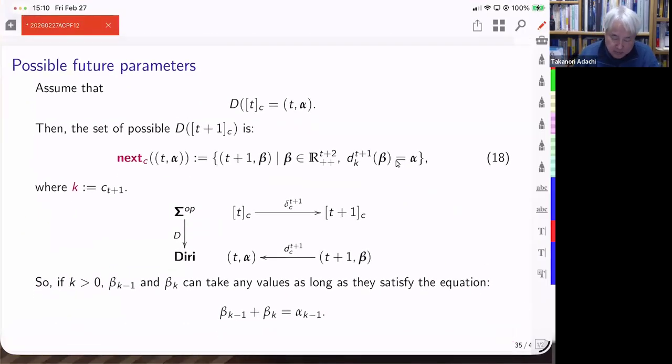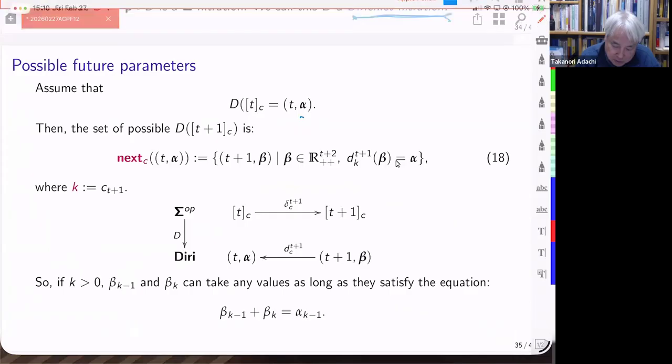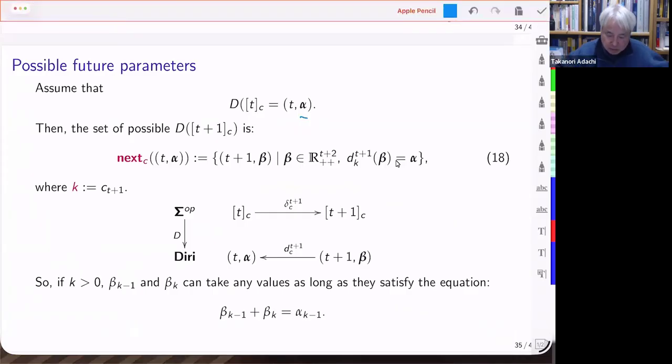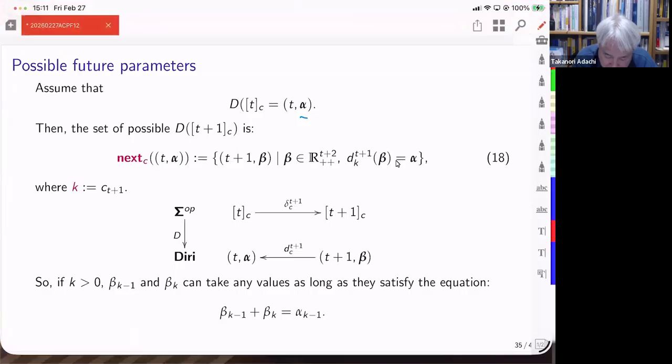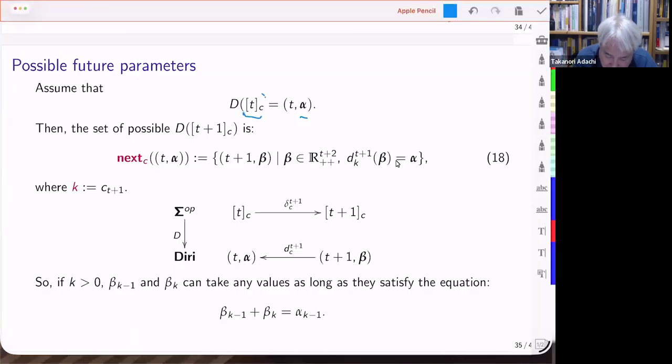Okay, so something I can mention is that the Dirichlet parameters in this case are a sequence of n plus one positive numbers. But if we have the point at (t, c), we need these.